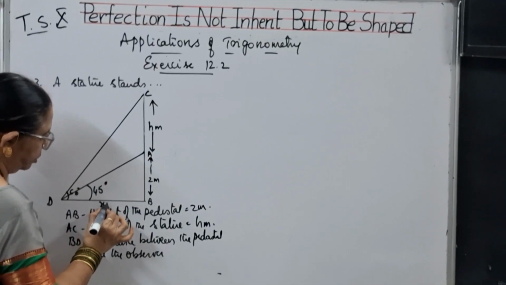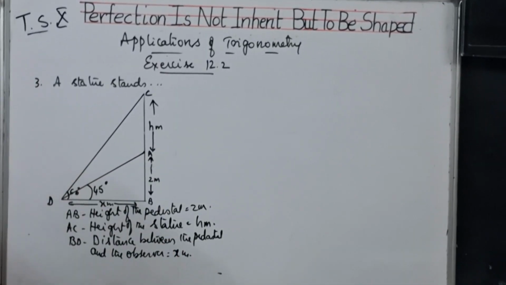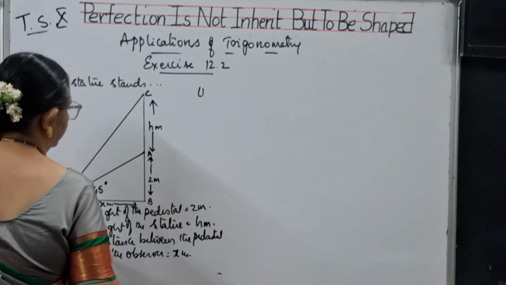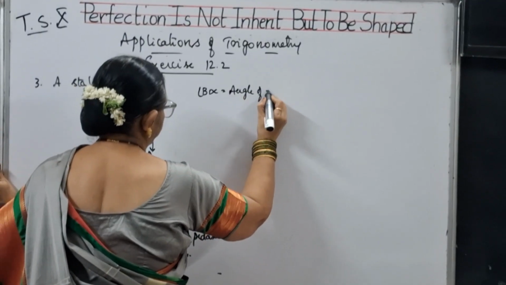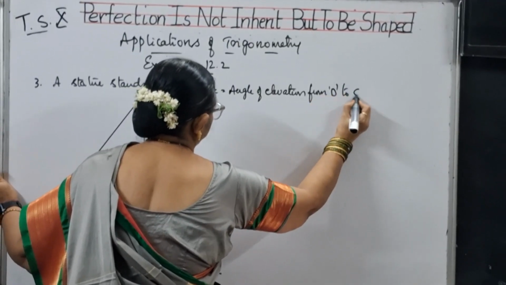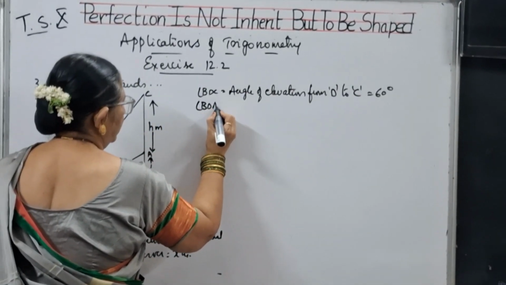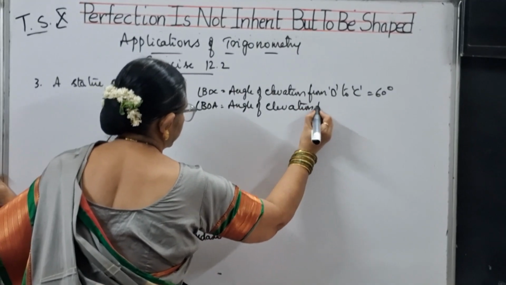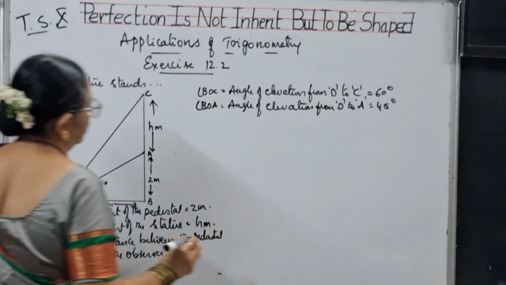Let me call it X meters. Now angle BDC is the angle of elevation from D to C, that is equal to 60 degrees, and angle BDA is the angle of elevation from D to A, that is equal to 45 degrees.